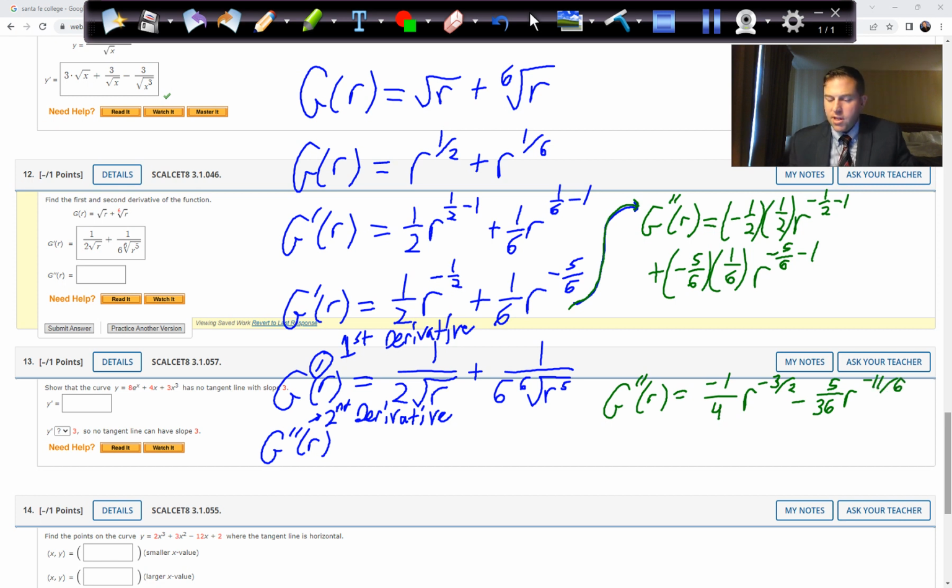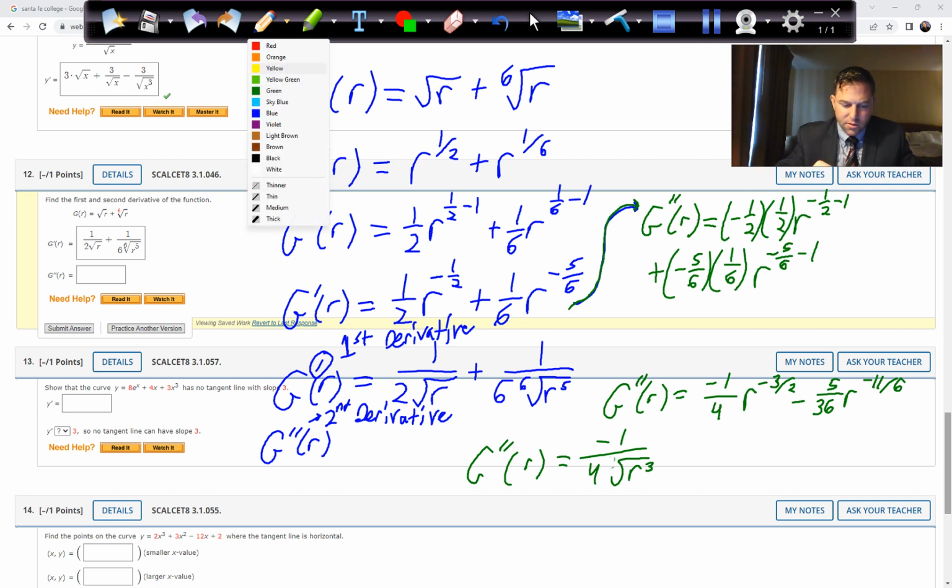So if you take minus 5/6 and you subtract 1, which is really minus 6 over 6, you get minus 11 over 6. Then to simplify it, we'll write this as minus 1 over 4. It's going to be the cube root of r, I keep screwing that up, r to the 3 and then the 2 out front. We're not going to write the 2.